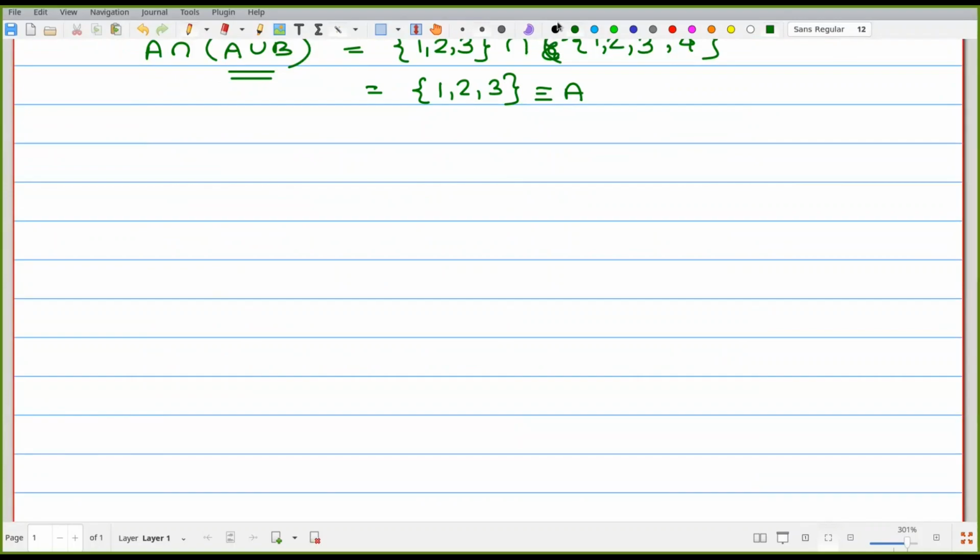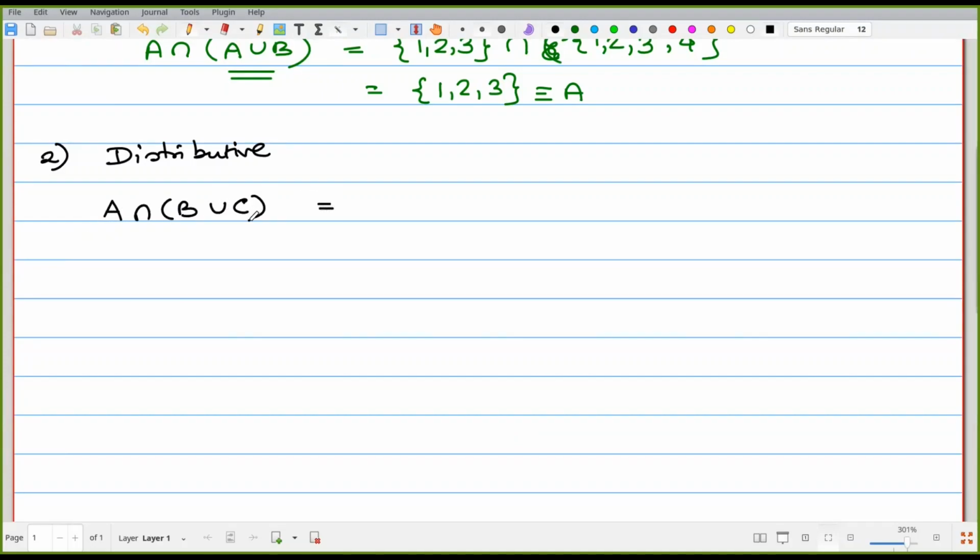The second one is called the distributive property. Already we know that type of name. Distributive means the distribution is occurring. First one, suppose we have A intersection (B union C).